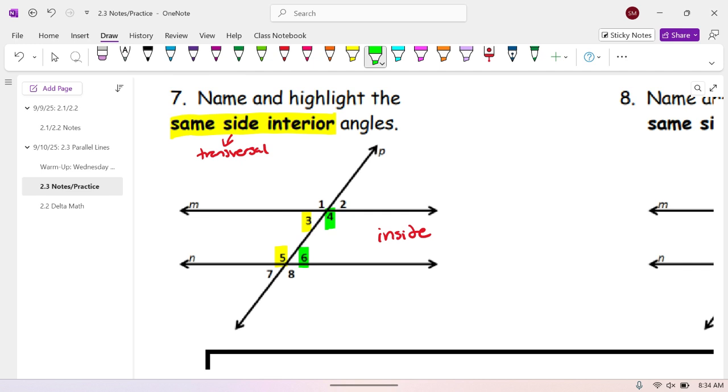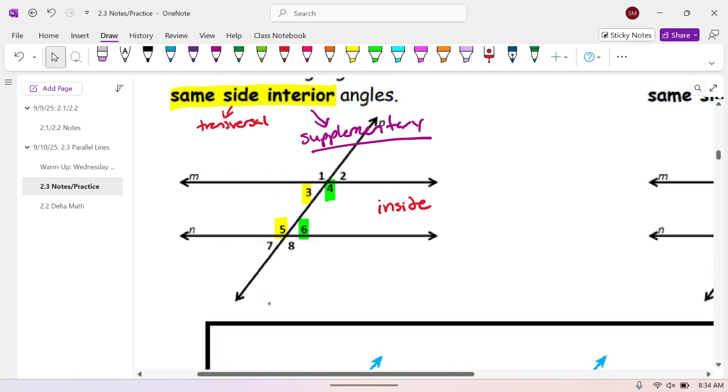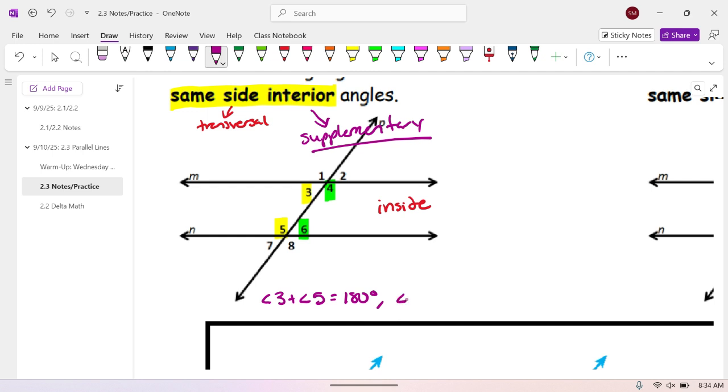What would the same side be? Supplementary. So same side interior angles are always supplementary, meaning they add to 180. If I had to write it out, angle 3 plus angle 5 is equal to 180 degrees. Angle 4 plus angle 6 is equal to 180 degrees. They're supplementary.